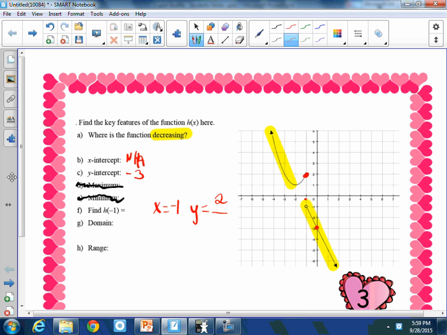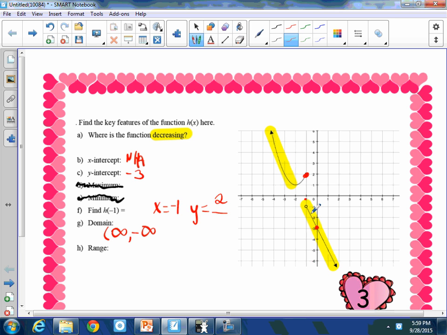This continues, so that would be from -infinity to +infinity. What about your range?